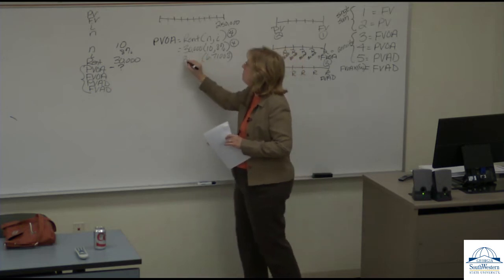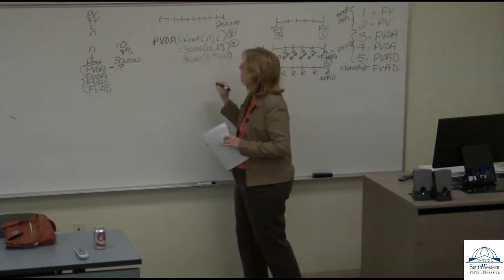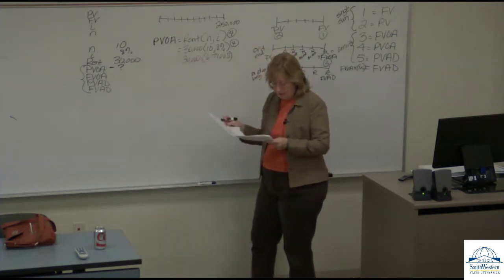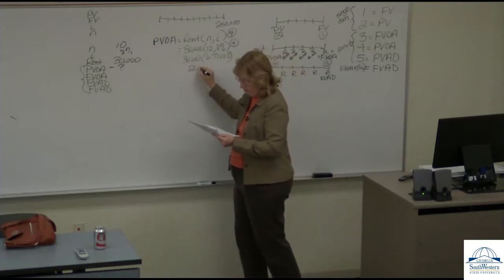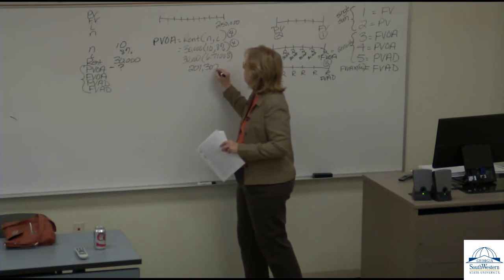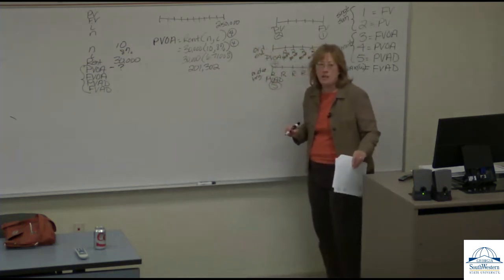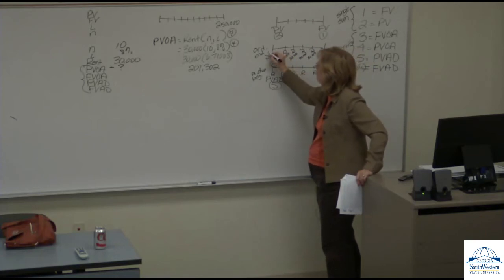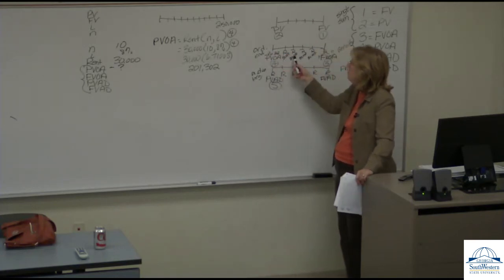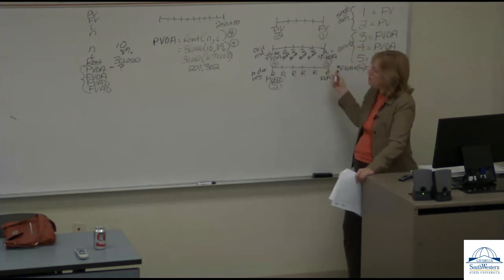All right, so we're going to multiply that times 30,000, and we get 201,302. Okay? So now what is that saying? If he were to put in the fund 201,302, then he could withdraw 30,000 for 10 years.